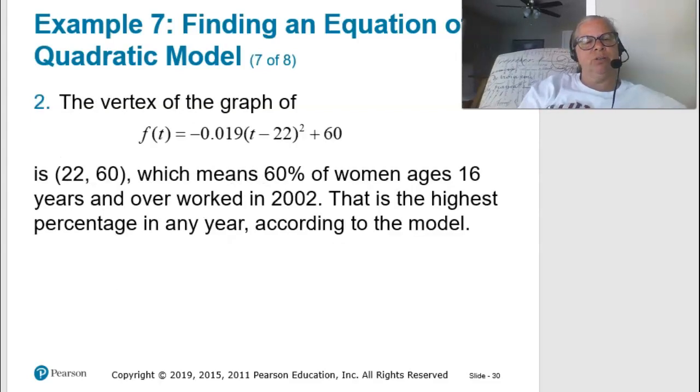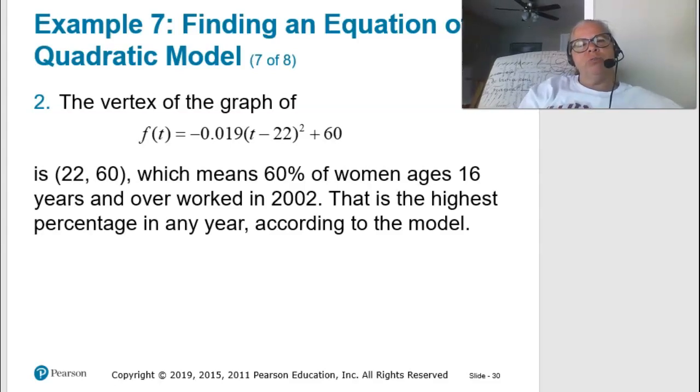So we will use this equation to now decide what some things happen in the future. This slide is actually showing you that what (22, 60) means is 60% of women ages 16 and over in the year 22 years after 1980, or 2002, is the highest percentage of women working according to the model.